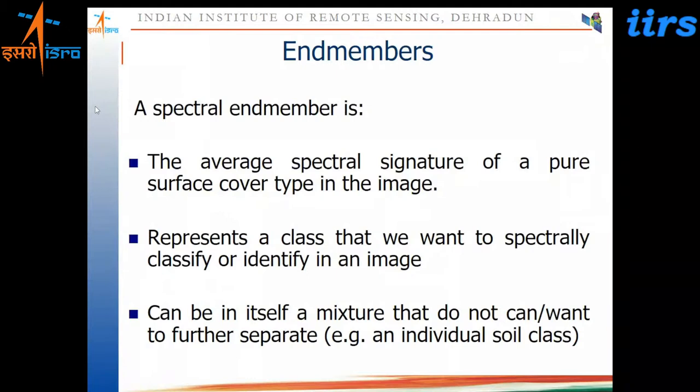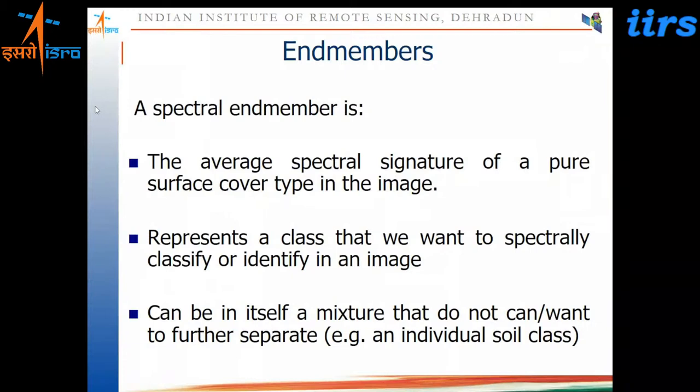Okay, so this is the first thing. Say there are 5 classes present in that area. Class 1 is water. The pixels which have the pure spectra of water will be my water end member. Pure spectra of forest will be a forest end member. Pure spectra of calcite, for example in an open cast mine, will be my calcite end member.